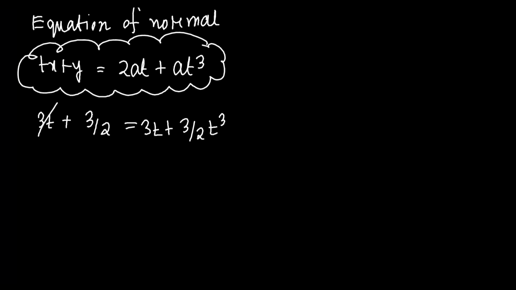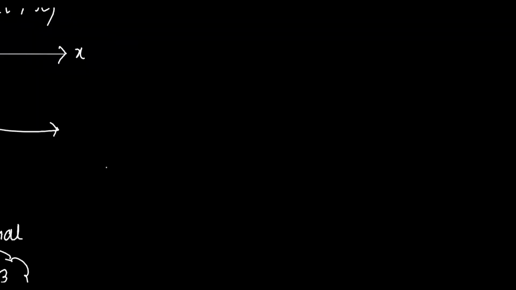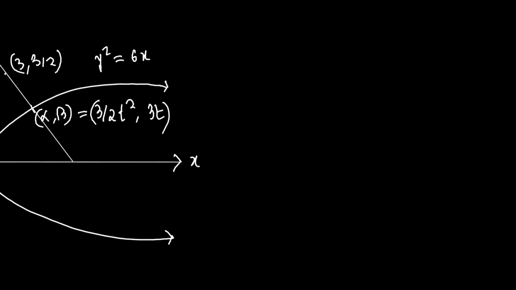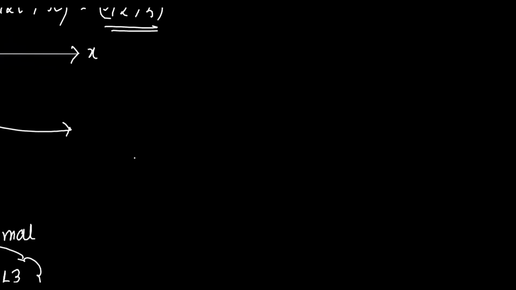So you can see that 3t is getting cancelled, 3 by 2 is getting cancelled. So here we are getting t cube equal to 1. Now if t cube equal to 1, then the parameter t is 1. So we have got t is 1. We can easily write down this point, that is 3 by 2 comma 3. So this is the alpha comma beta. We have found out that alpha comma beta is 3 by 2 comma 3.